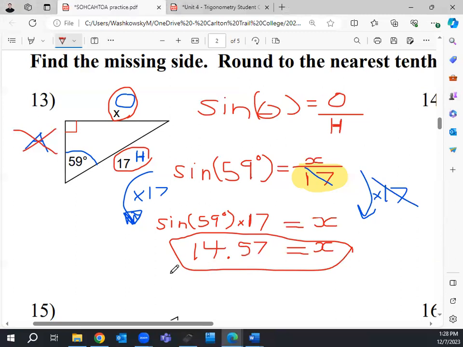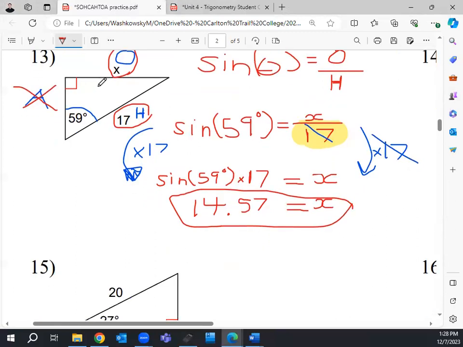Now, I will say this. So this sine of 59 degrees times 17, there's a different way you can write this. You're going to encounter both. So I'm just going to show it to you. The other thing we see sometimes is something like this: 17 sine of 59. This means the same thing. There is a little invisible times symbol there.